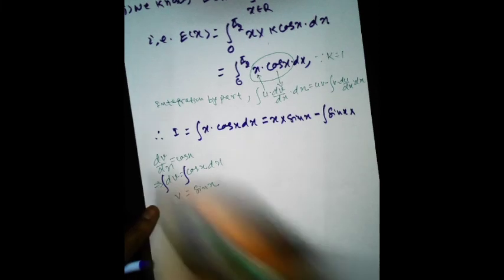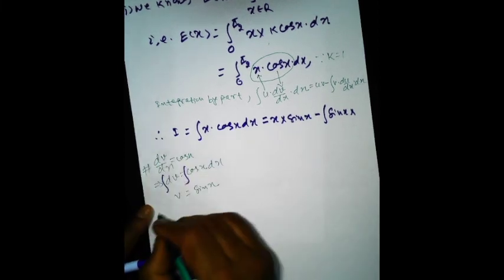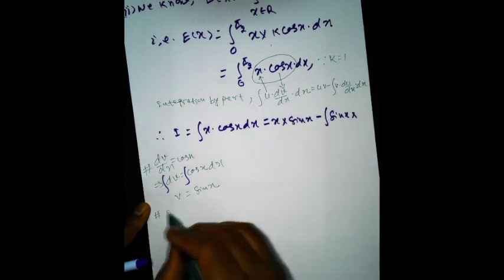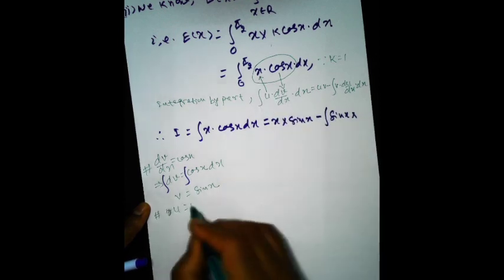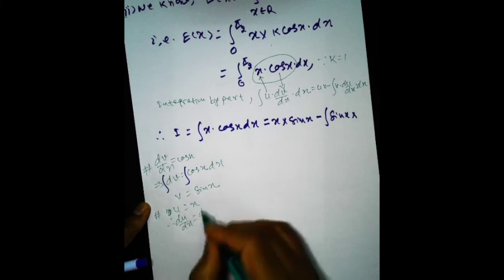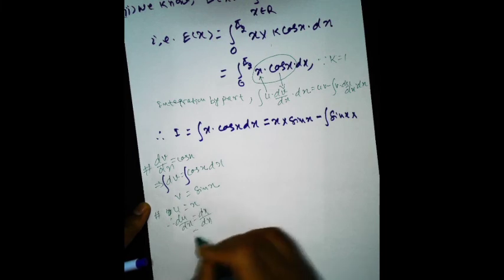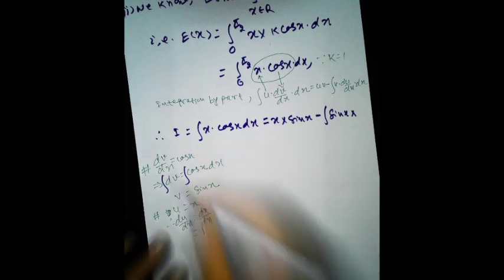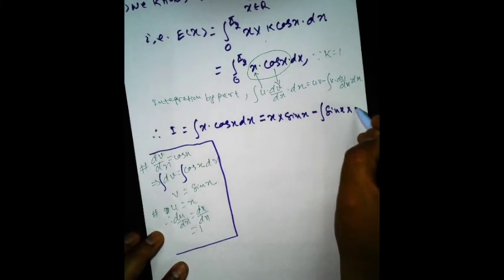So in this case, in place of u we have x, so u equals x. Therefore du by dx equals dx by dx, which is equal to 1. So after that we are left with 1 here, then dx.